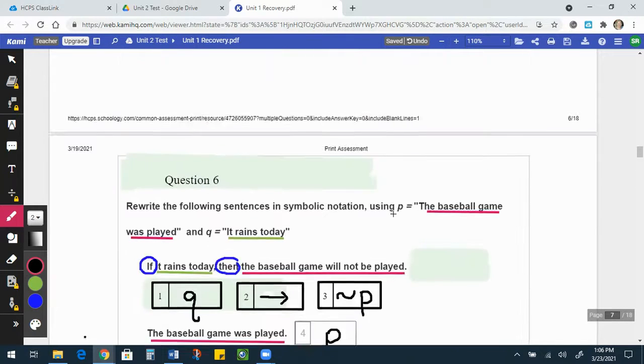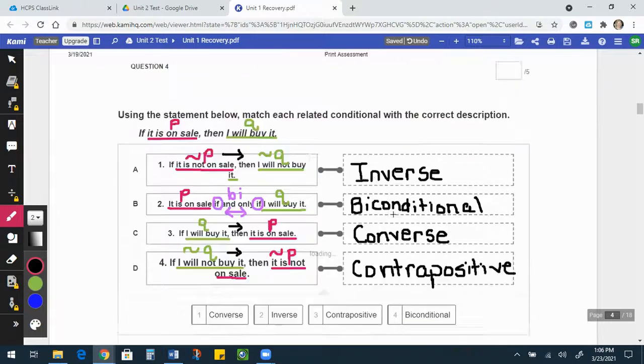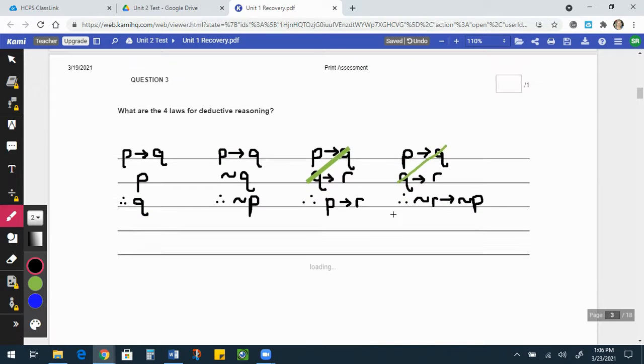All right, so I'm going to go back up and check out my laws. All right, here's one that looks similar, but our P and our Q were negated. That's not a perfect match. These are negated, but in different orders. So our argument does not match law 2 either.